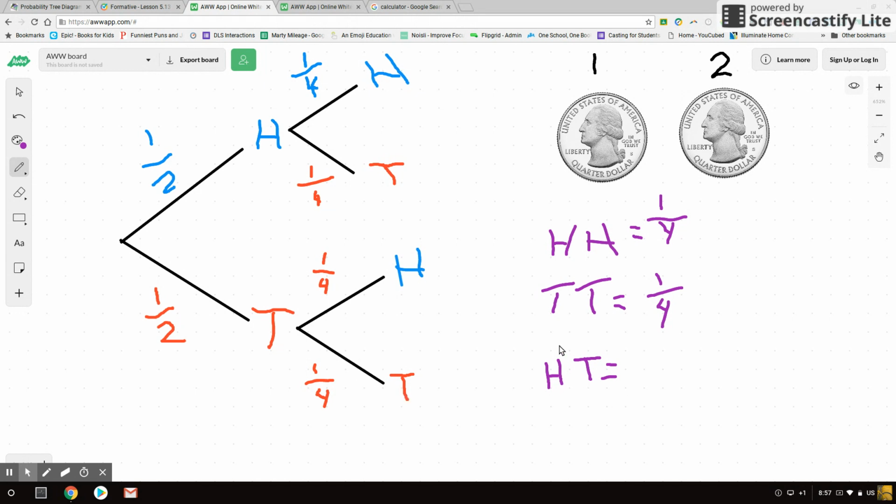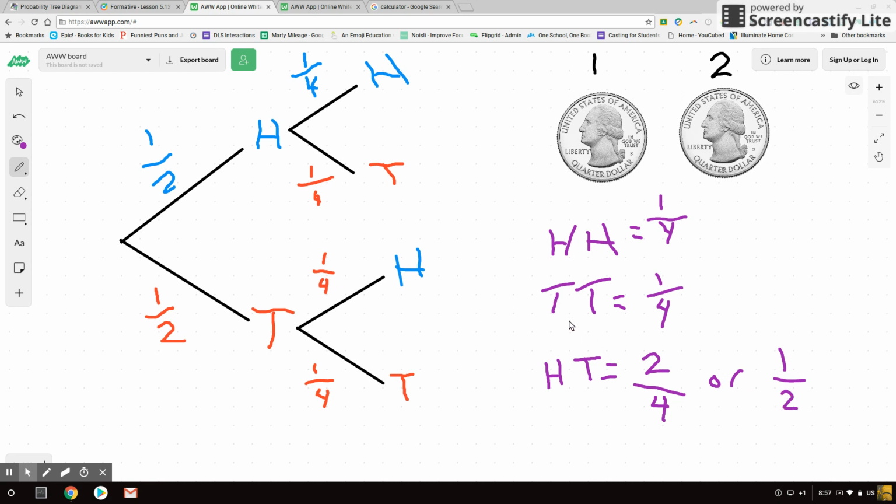What's the probability that we would get a heads and a tails? If we flipped them both at the same time, what is the probability we'd get one heads and one tails, one of each? Well, we could get heads with the first coin and tails with the second coin, or we could get tails with the first coin and heads with the second coin. So we actually have two different paths that would get us a heads and a tails. So our probability is 2 out of 4, or we can reduce that down to 1/2, 1 out of 2.